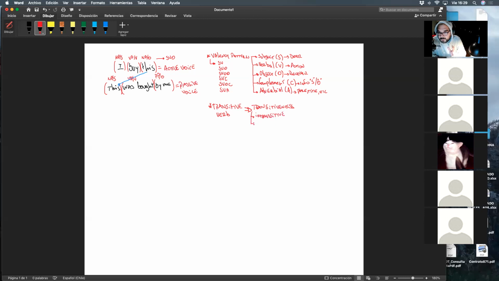If they can move the action towards one single object, they are called monotransitive. If they can move the action towards two objects, they are called ditransitive. And if they can move the action towards an object and an adverbial, they are called complex transitive.